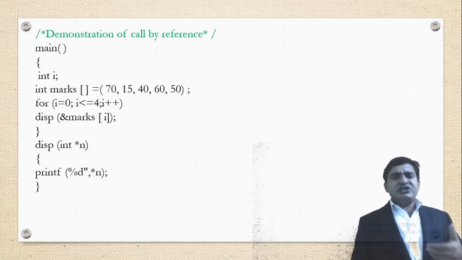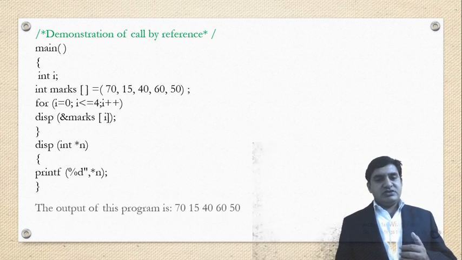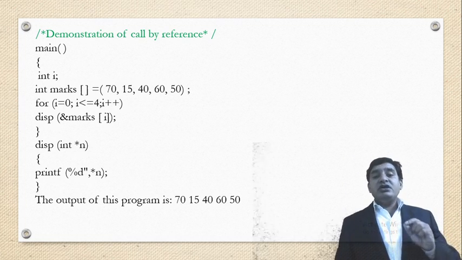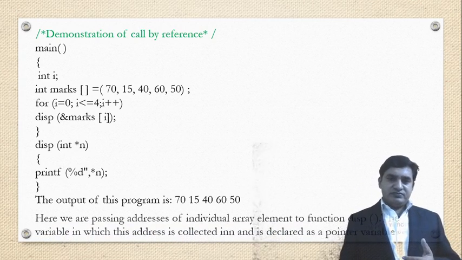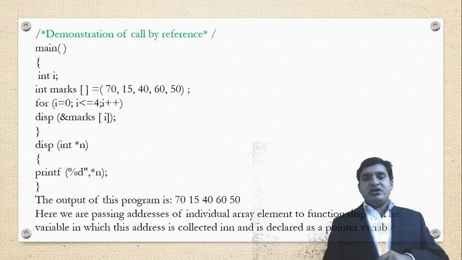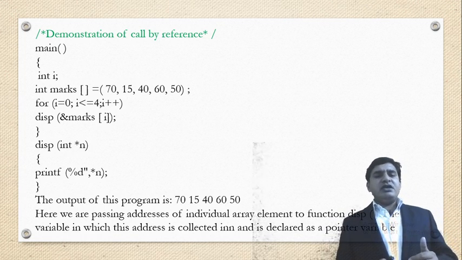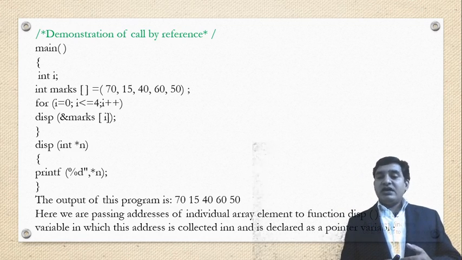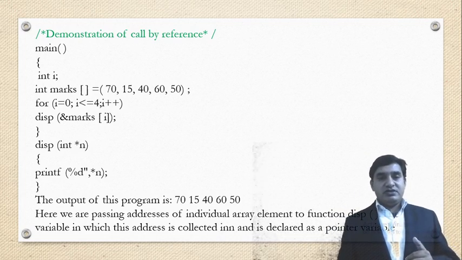The output of the program is 70, 15, 40, 60, 50. Here we are passing the address of an individual array element to the function display. The variable in which this address is collected is declared as a pointer variable.